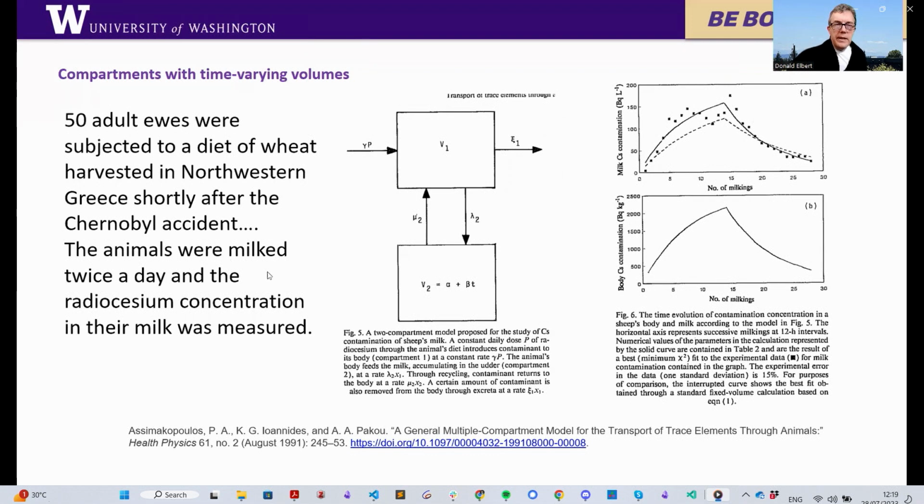So this concept of having a compartmental model where one of the compartment's volume changes is relevant to clearance or ejection of mass from the gallbladder, or I guess intermittent emptying of the gallbladder is what it would be called, as well as emptying of milk from an udder. And this shows one of the earliest papers that I can find on experimental models with variable volume compartments.